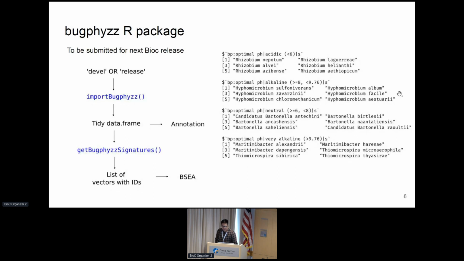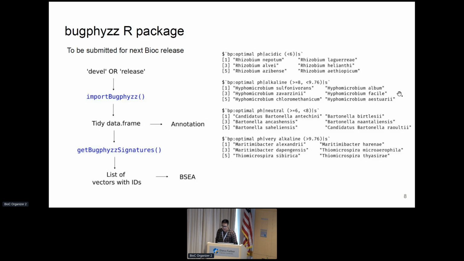We used these signatures for a couple of analyses or use cases. One is with a ground truth dataset coming from the Human Microbiome Project, comparing subgingival versus supragingival plaque. The ground truth of this was the enrichment of aerobic taxa in the supragingival plaque and the enrichment of anaerobic taxa in the subgingival plaque.